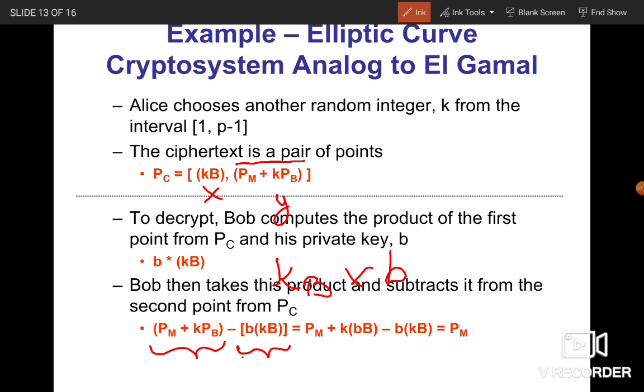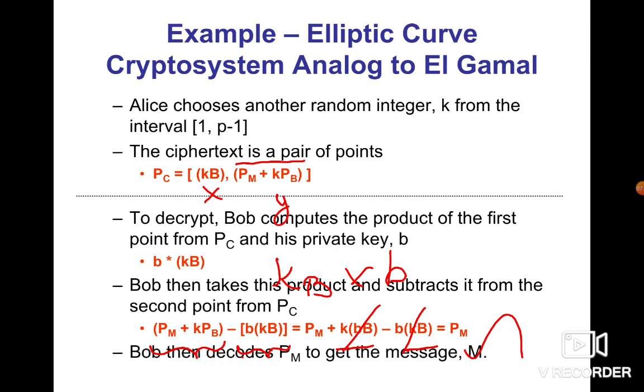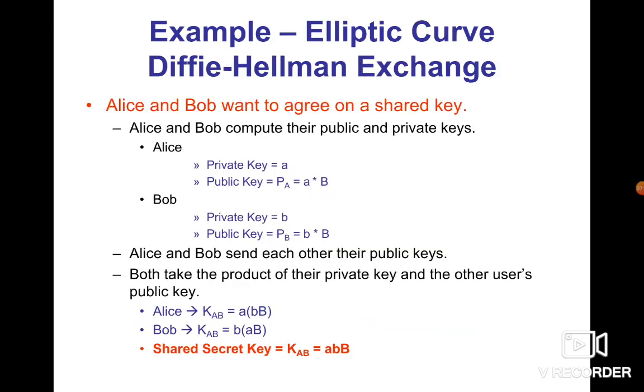It can be written as PM plus kbP minus bkP. These two terms are equal, so you can cancel them. We get the plaintext PM, that is the original plaintext. Thus he can recover the plaintext.